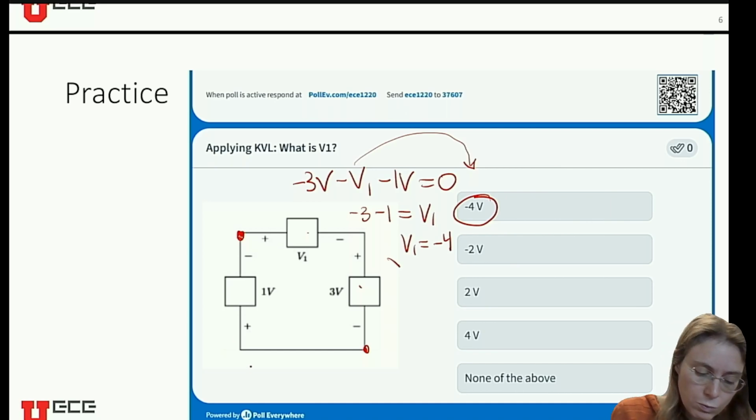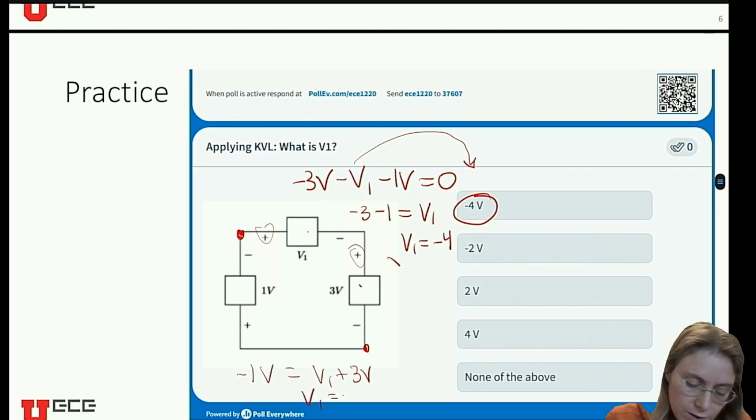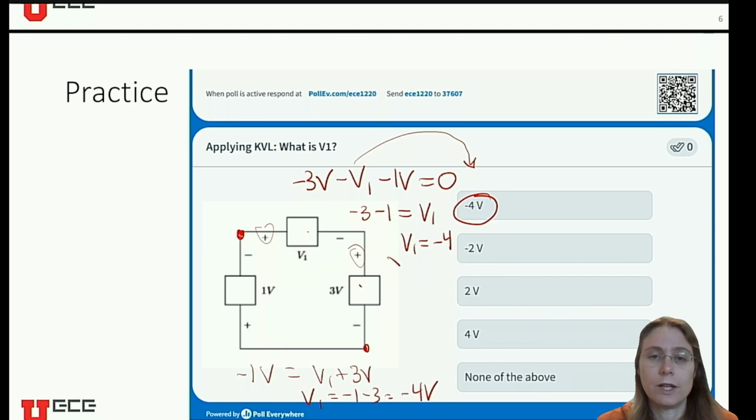And so negative 1 volt, because I'm measuring like here compared to there, better be equal to, these are both positive, V1 plus 3 volts, because things in series, their voltages add, we've learned previously. So that, again, should give the same answer, right? V1 is equal to -1 minus 3, which is -4 volts. So again, there are multiple ways to approach this. As long as we're self-consistent and make sure we go around the full loop, the math should work out.